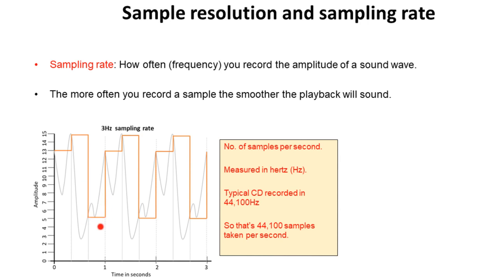So that's 3 samples per second, or 3 hertz. Now, obviously a recording rate of 3 hertz is incredibly low. Just as an example, a typical audio file that you get on a CD or MP3 is recorded at 44,100 hertz. So that's sampling the original analogue signal over 44,000 times in a second.